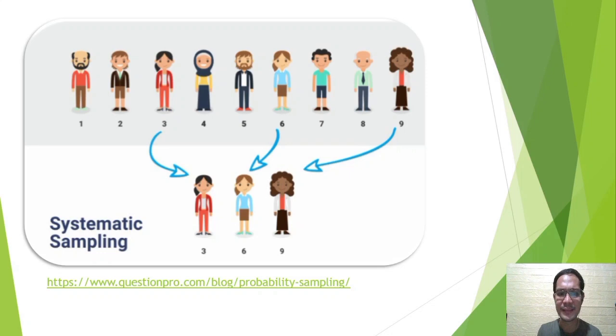So the sample is chosen by selecting a random starting point and then picking every nth element in succession from the sampling frame.